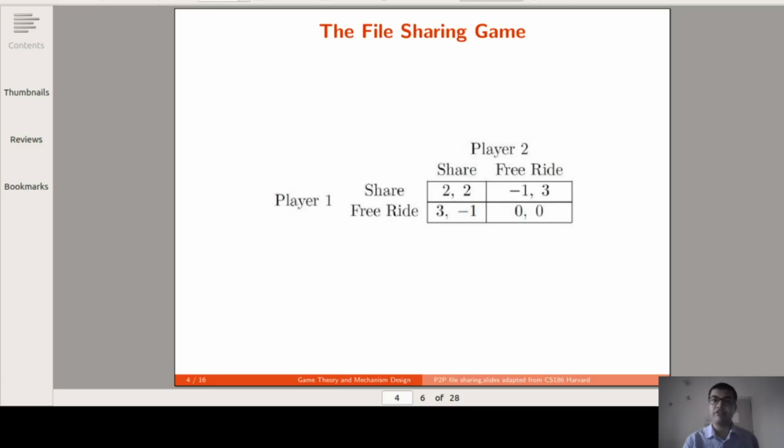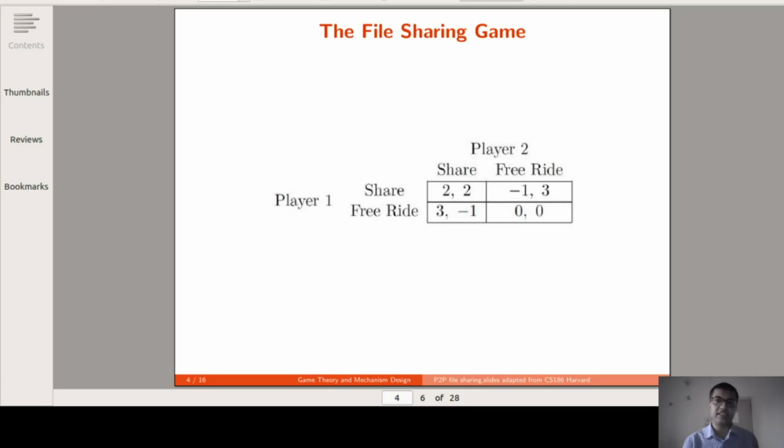On the other hand, the free rider gets both, because it gets the file it wants to download, and that also happens at a faster rate because it does not have anything to upload. So the free rider is always in a better position when the other player is sharing. And the symmetrically opposite thing happens when the roles of these players are changed. And if both try to free ride, nobody uploads anything, and they both get zero payoff.